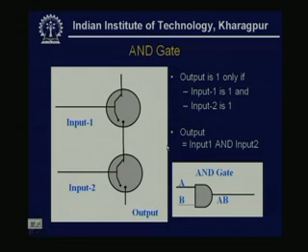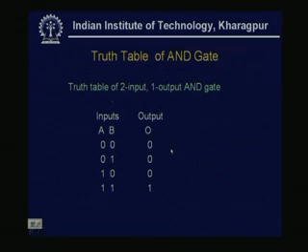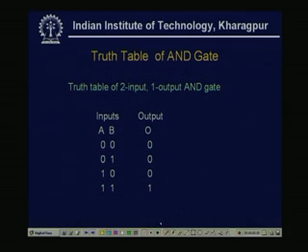So, let us see the truth table of the AND gate. This is a 2 input AND gate, with 2 inputs and 1 output.